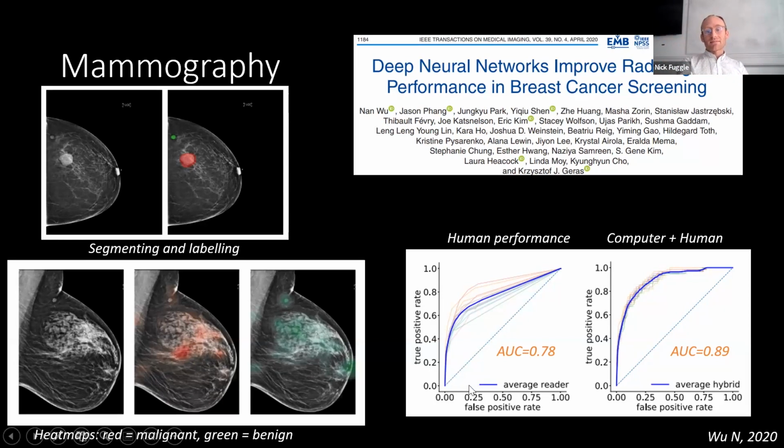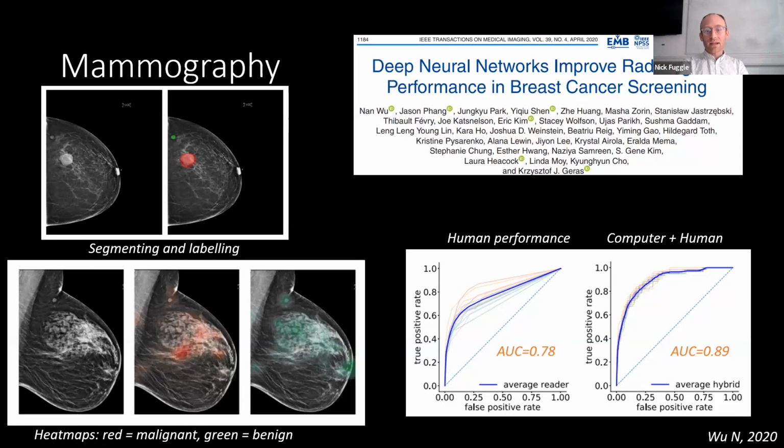The important thing is how much area is underneath the curve, and if it's just 50% represented by a straight line seen down the middle, then it means that the classifier is actually no better than tossing a coin, and so it's just random. But the nearer that area under the curve moves towards 1 or to 100%, the better the classification, such that 1 or 100% would be a perfect classifier.